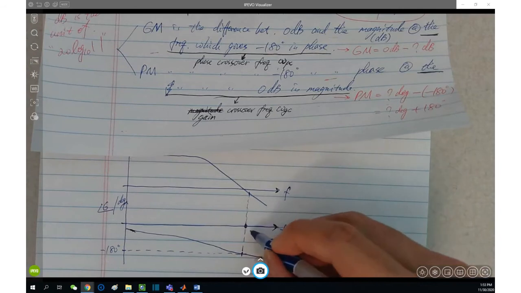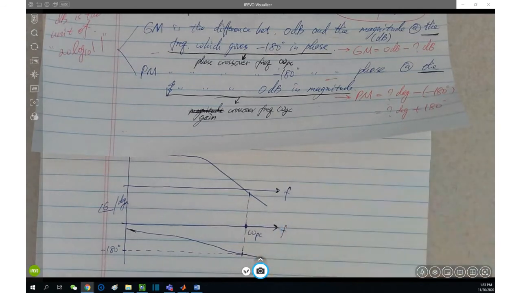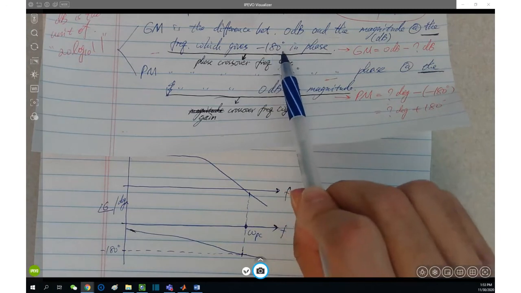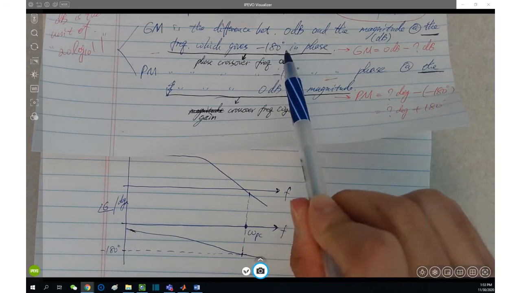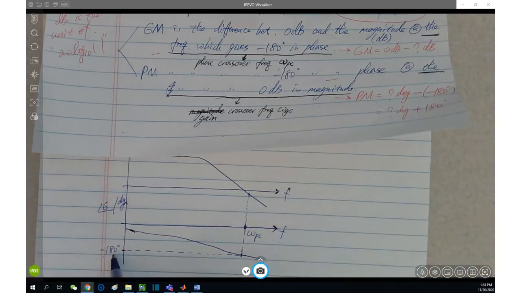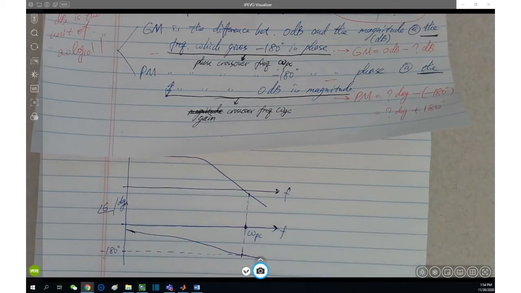So this frequency is omega PC. Does it make sense? Because according to the definition here, the frequency that gives you negative 180 degree in phase is omega PC, the phase crossover frequency. Here, we locate negative 180 degree for phase and then find what the frequency is. This is the omega PC, done.